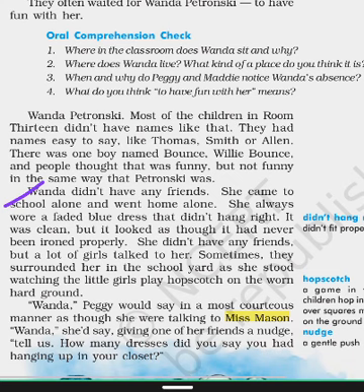She did not have any friends, but a lot of girls talked to her. Sometimes they surrounded her in the schoolyard as she stood watching the little girls play hopscotch on the one hard ground. Okay, as you know, Wanda Petronsky did not have any friends in the school.